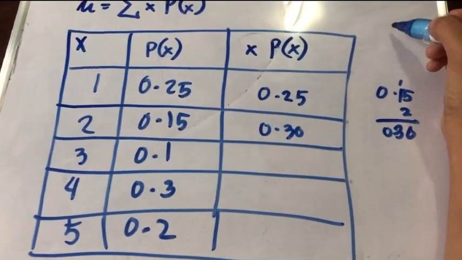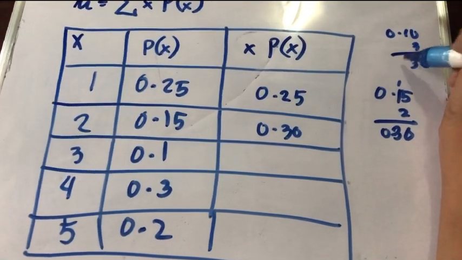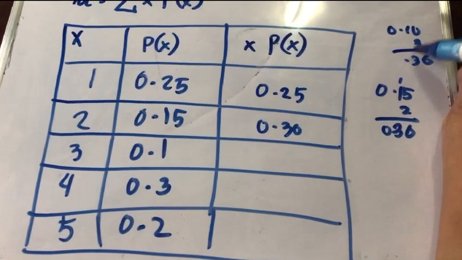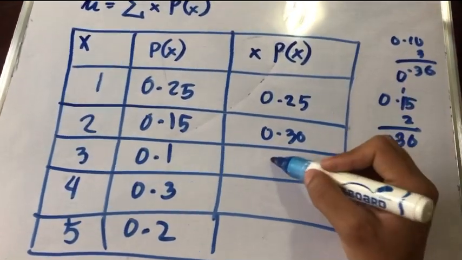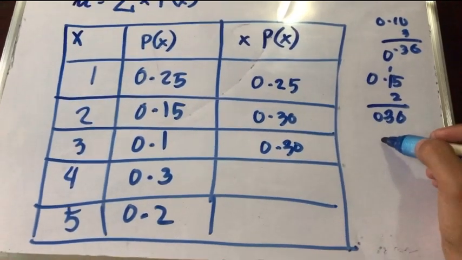Next, 0.10 or 0.1 times 3, we have here, what's this? 0 times 3, 0, 1 times 3, 3, and then 1, 2. We have still 0.30.